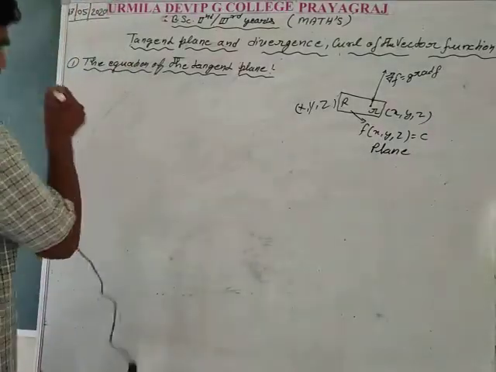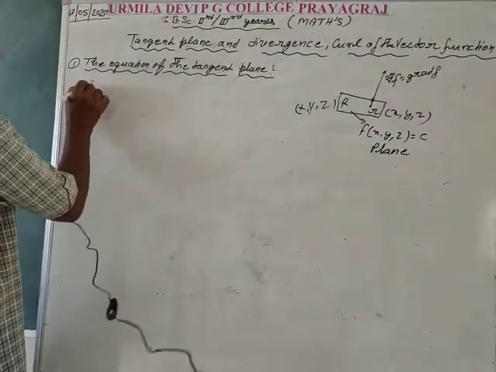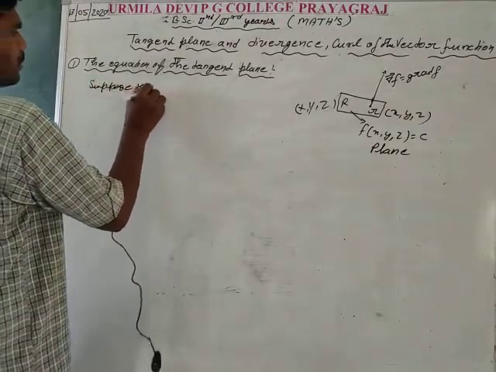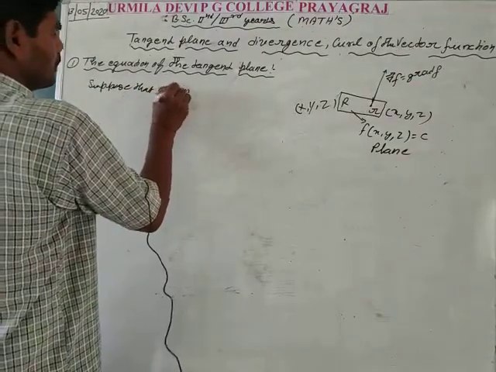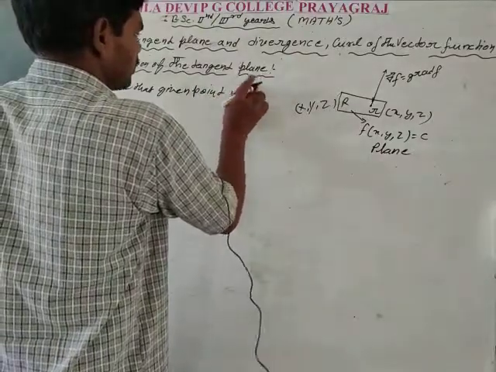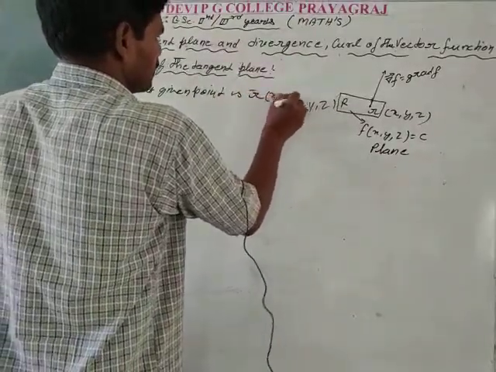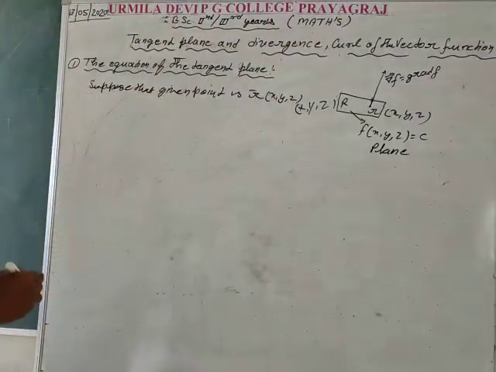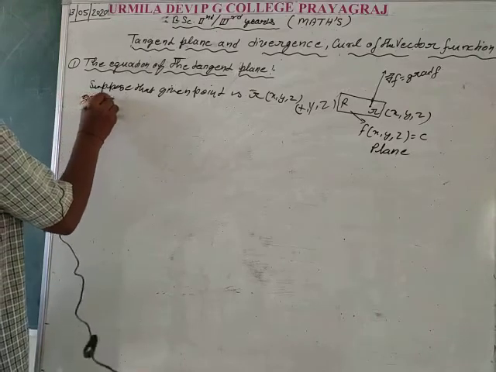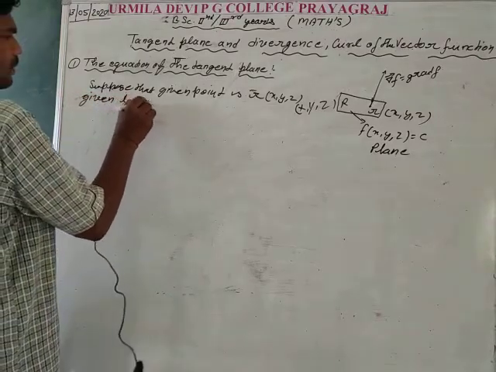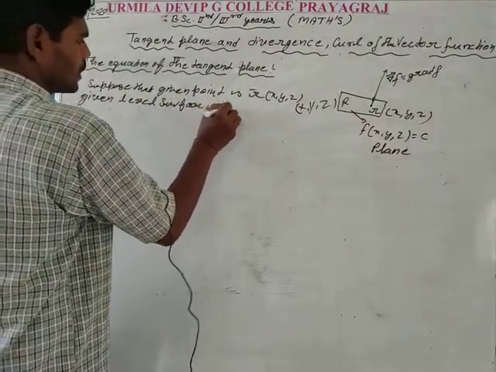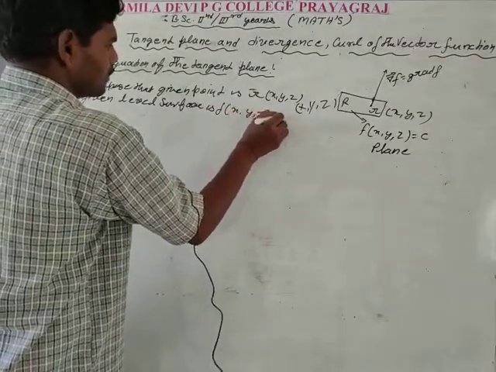Here write: suppose the given point is R whose coordinates are small x, y, z, and the given level surface is function f(x, y, z) equals c.